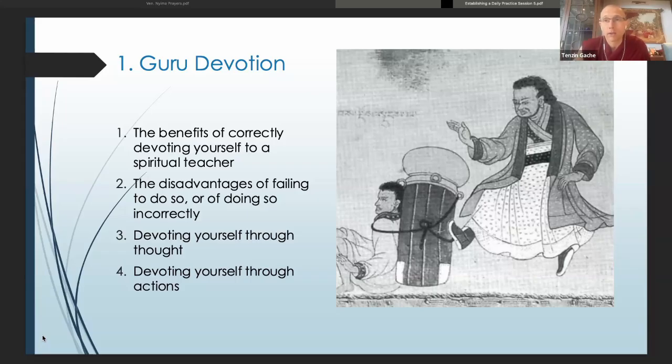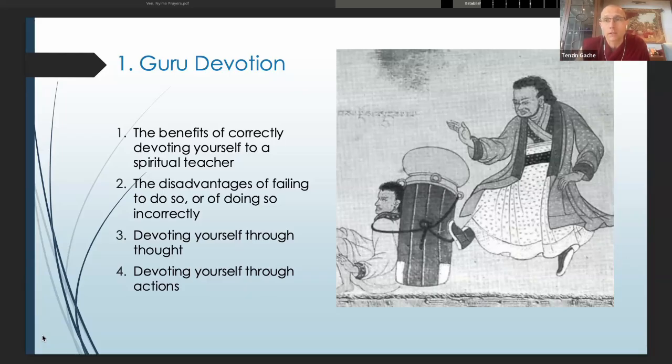I noticed that in terms of my own relationship with my teachers, and now, as I mentioned, having my own students, not that I'm qualified like my teachers were by any means, but I notice that the ones that adopt these practices, I'm able to reach them much, much more. I recognize that what I say to them is more helpful for them if they're behaving in a way that's in accordance with how it's generally understood to behave towards a teacher, but also just towards a senior monk.